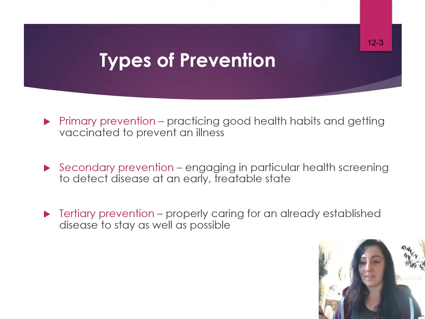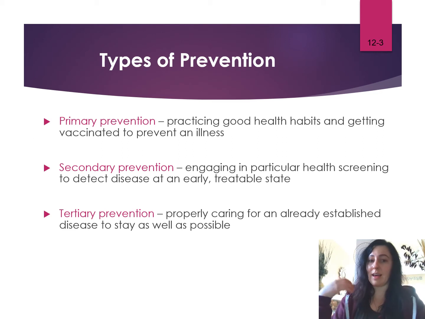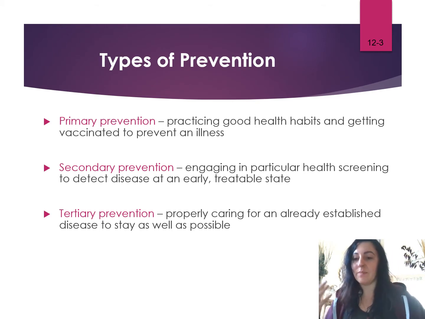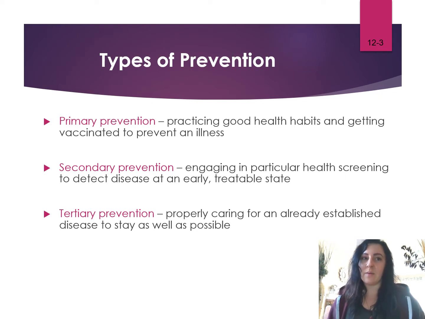You already have a disease, so tertiary prevention is you doing things to prevent this disease from either getting worse or leading to anything else, because many diseases that we obtain can lead to other diseases or other chronic illnesses.